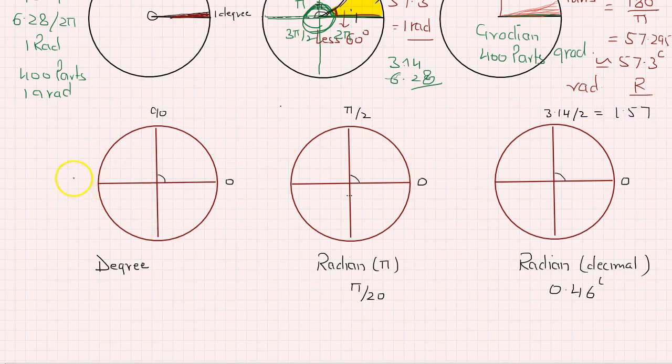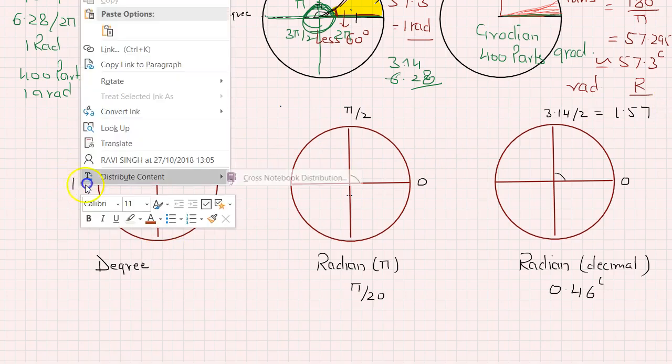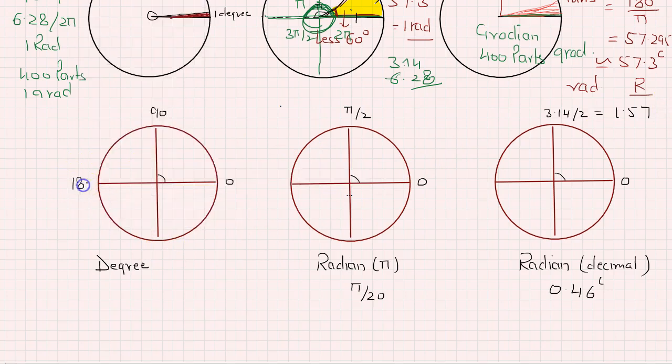Now this is 180 degree. So this is pi, and this one is 3.14. This is 270 degree. This one is 3 pi over 2, and this one will be 4.71.